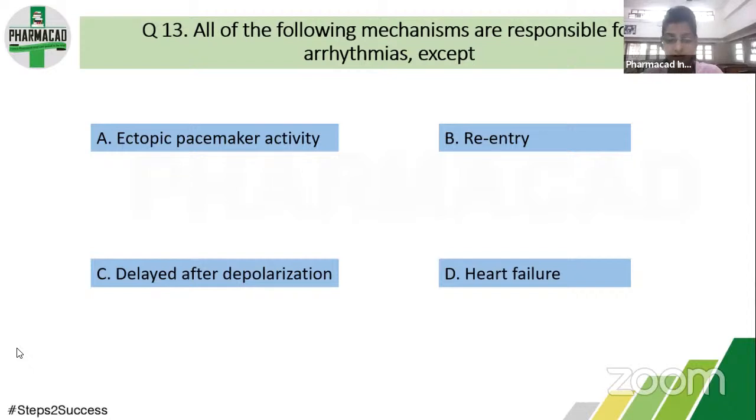That is called delayed after-depolarization. So all these three are possible mechanisms responsible for arrhythmia. What is left here is option D, that is heart failure. Let's see why this is not responsible for the mechanism of arrhythmia.